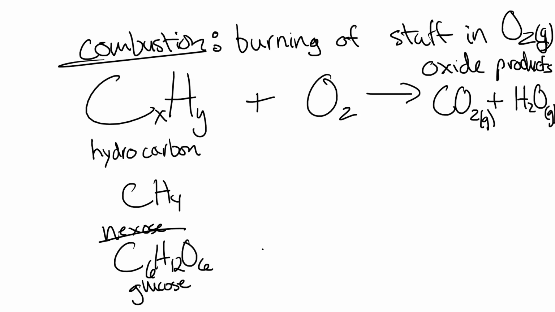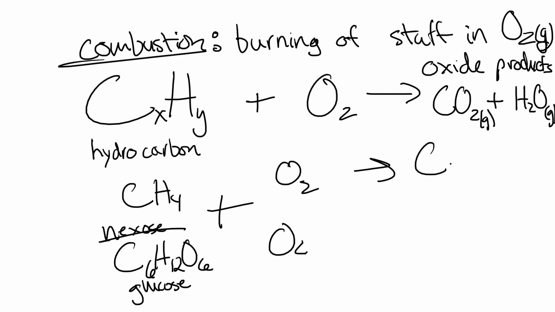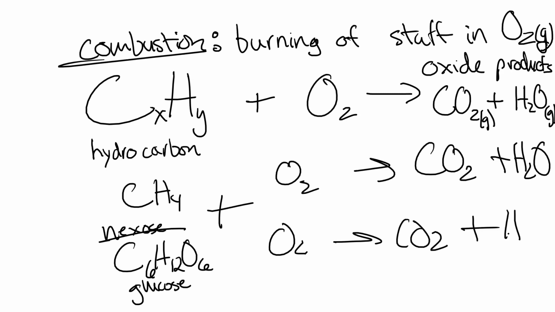Fructose has the exact same chemical formula like this. Add to those oxygen in either fashion, you'll get, again, CO2 and H2O, CO2 plus H2O. And obviously these are not balanced. You can tell by looking at them that there's no way these are balanced.